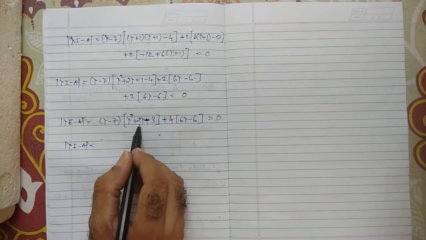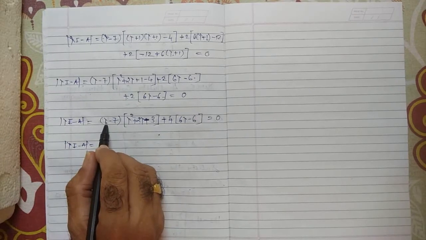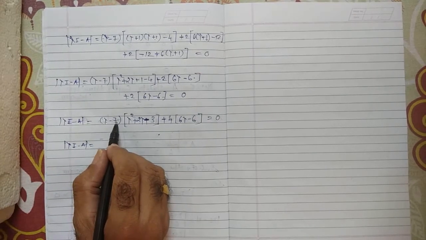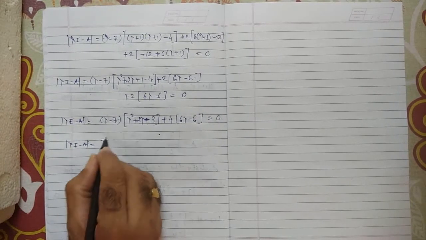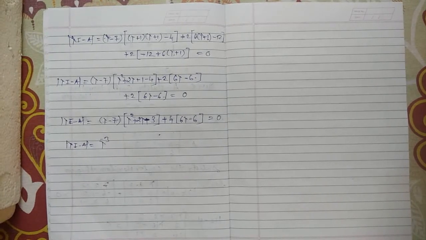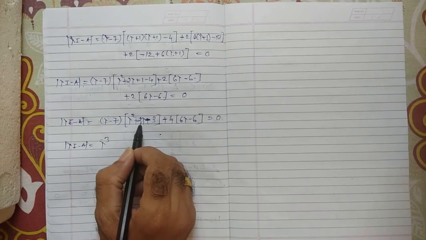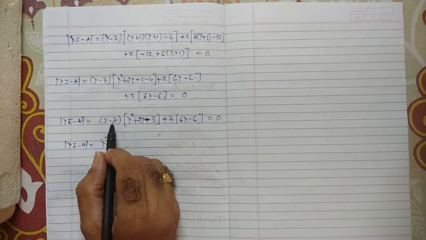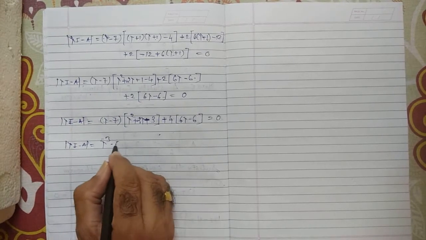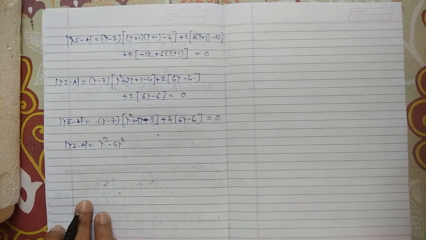So lambda square plus 2 lambda minus 3 multiplied by lambda minus 7. It comes lambda cube. This is 2 lambda square and this is minus 7 lambda square, so this becomes minus 5 lambda square.